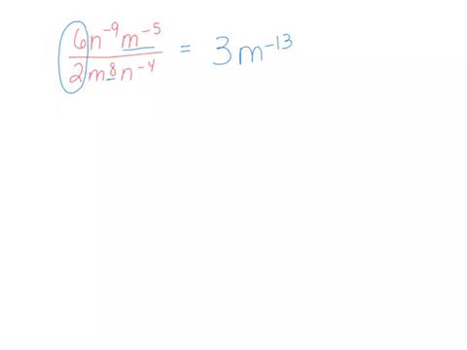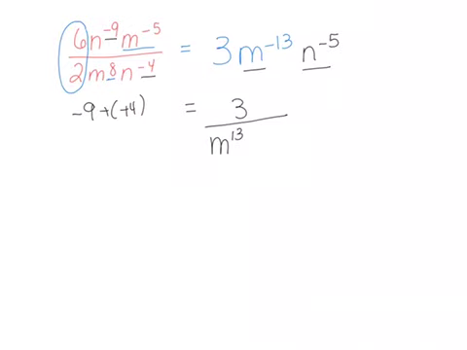And then I have negative 9 minus a negative 4. So remember, that's going to become a plus. So that gives me n to the negative 5. So these two things have a negative exponent. They need to move to the denominator. The 3 gets to stay in the numerator. So I have 3 over m to the 13th, n to the 5th.